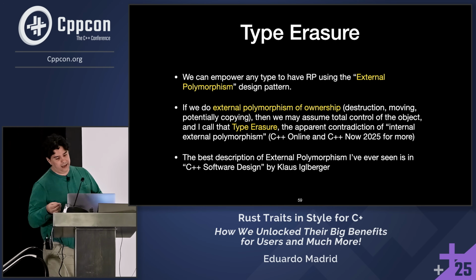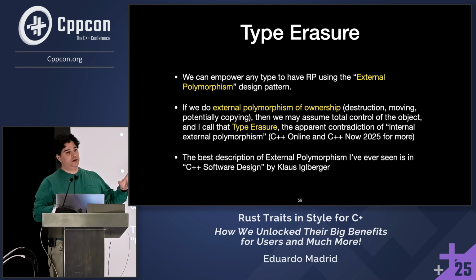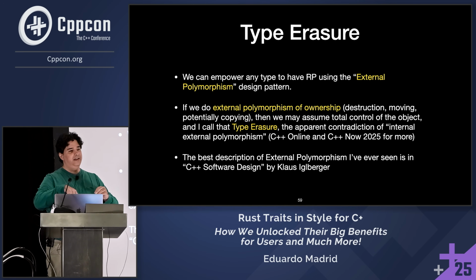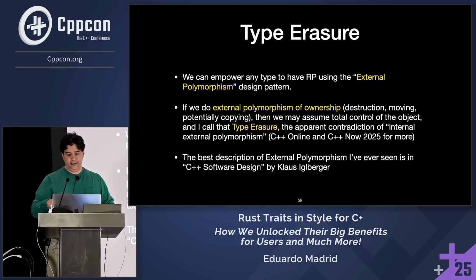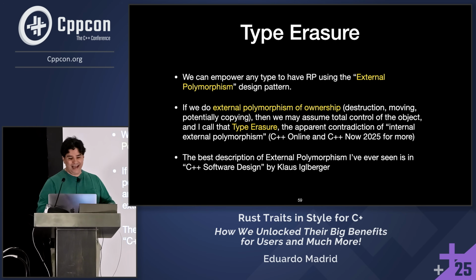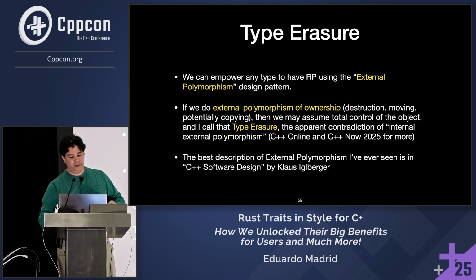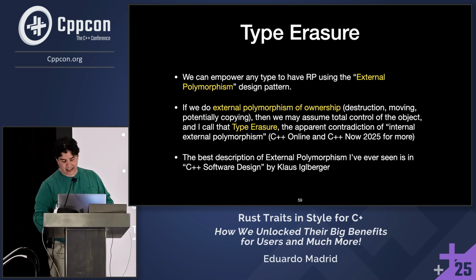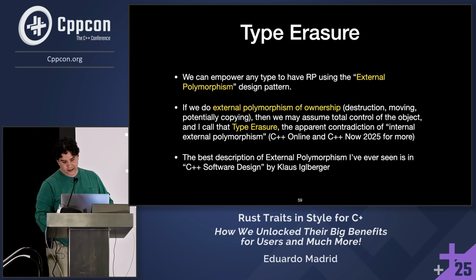And I made a presentation out of the apparent contradiction between type erasure, which I call internal external polymorphism. That's at C++ Online and C++ Now of this year. The best description of external polymorphism I have ever seen is in the book C++ Software Design by Klaus Iglberger, who is a frequent presenter at CppCon itself.